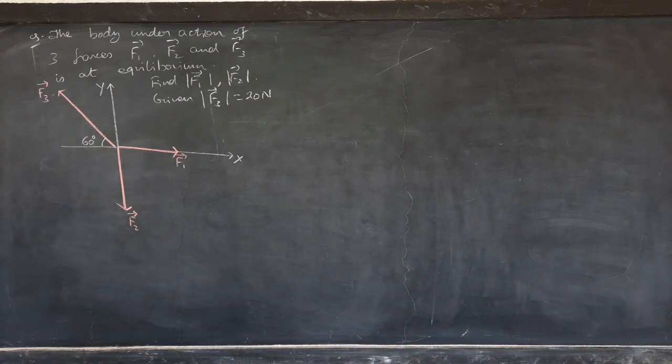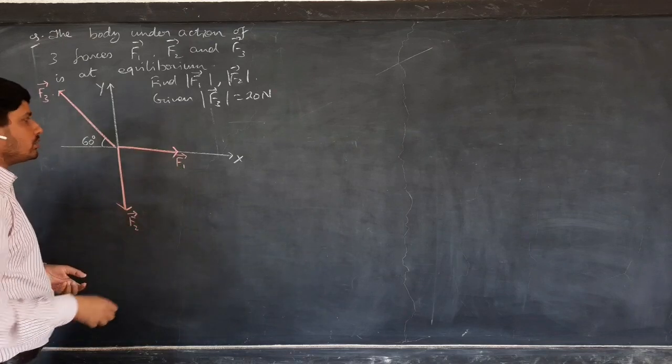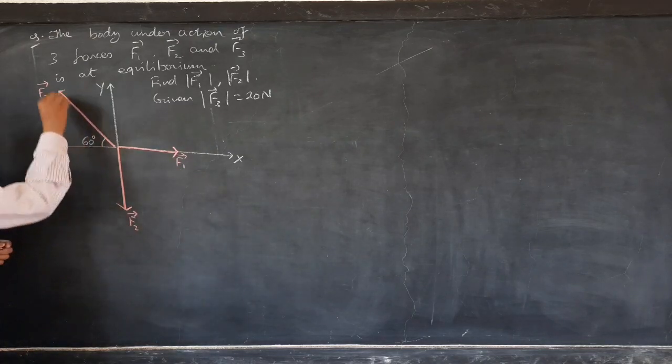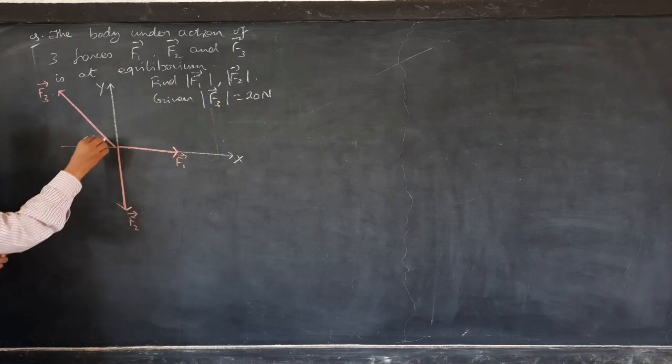So here in this figure, there are three vectors, F1 vector, F2 vector and F3 vector. Out of those three vectors, two of the vectors are not of known magnitude, these two. We have to find their magnitudes, values. And what is given to us is the value of this vector, that is 20 Newton, and this direction, that is 60 degree.